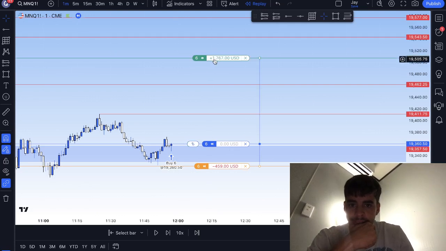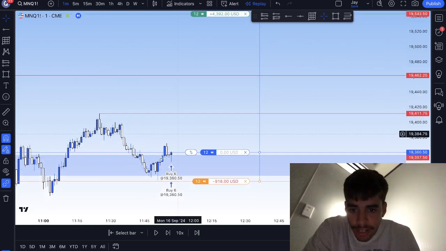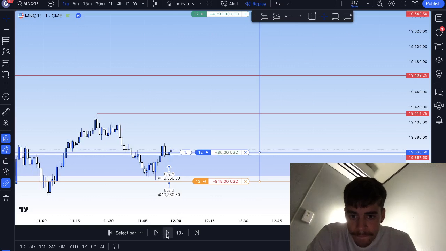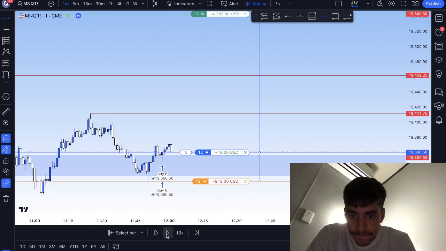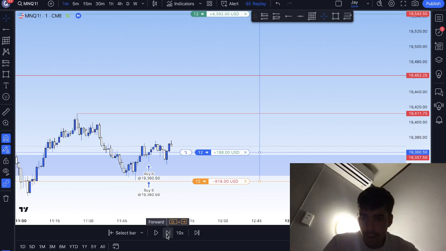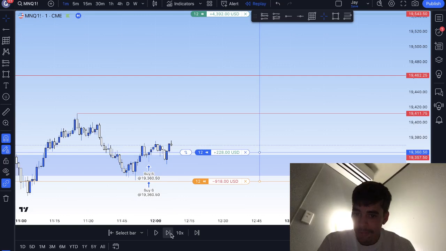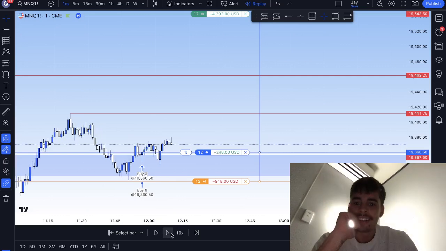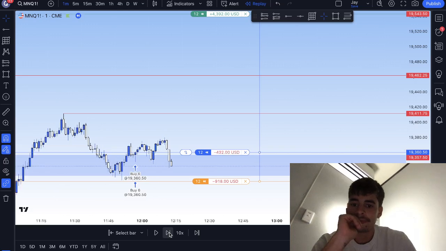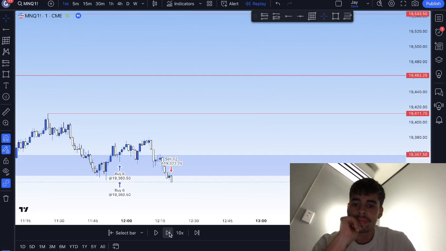So let's see what this brings us. We need to double these contracts. Okay, so we're selling 4 contracts at each. Keep an eye on the time because we just bought in at 11:57 and we don't trade past 12. Stopped out.